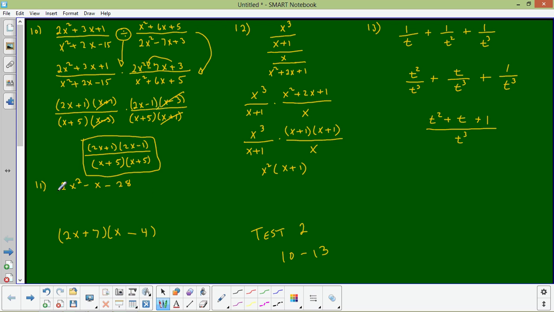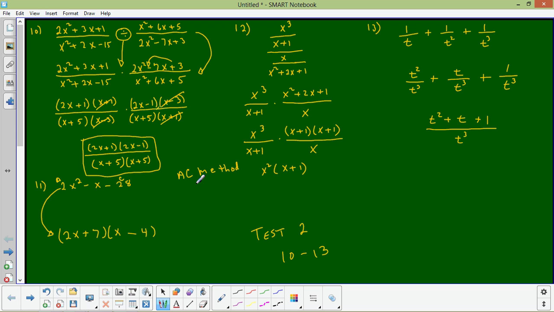Number 11 is a factoring exercise, and I did the factorization here. Because some people have asked for it, I'm going to also demonstrate the AC method that was new to some people. In the AC method, we multiply the coefficient of the square term and the constant term.